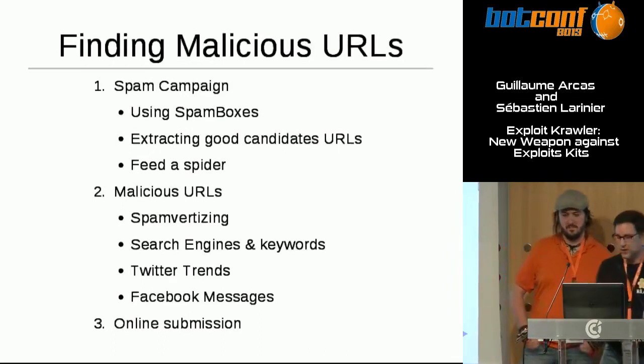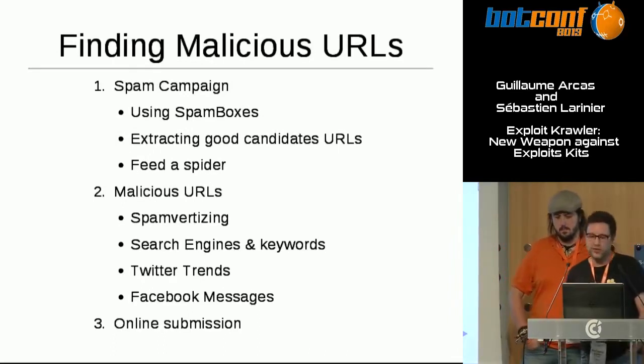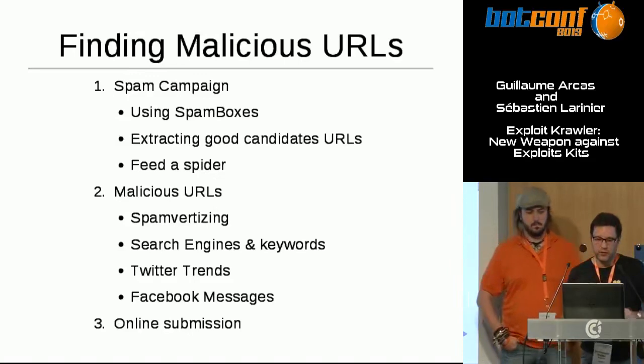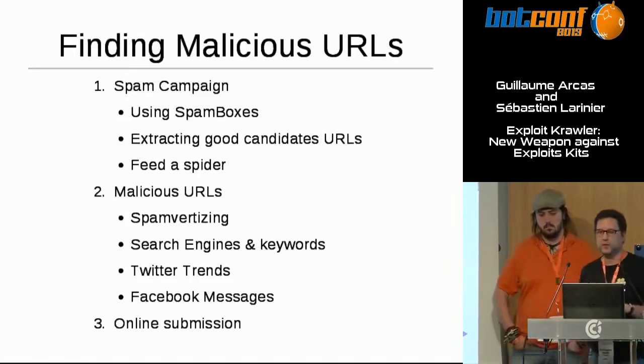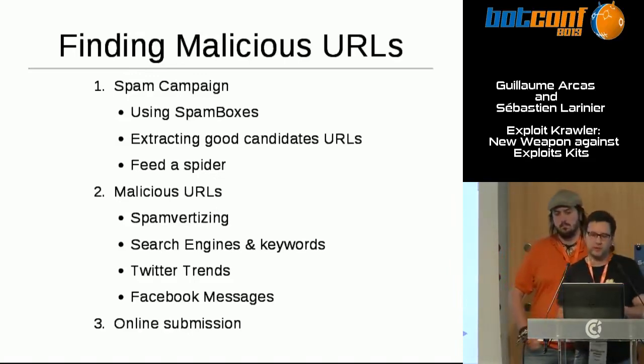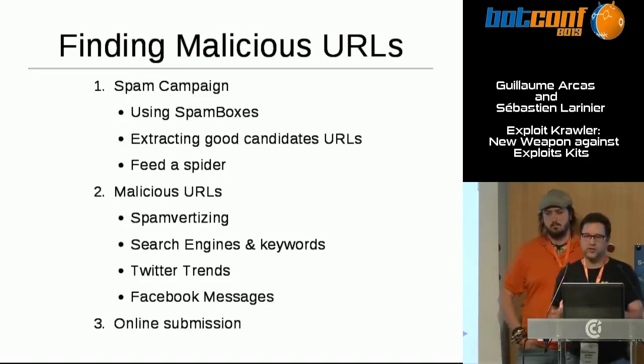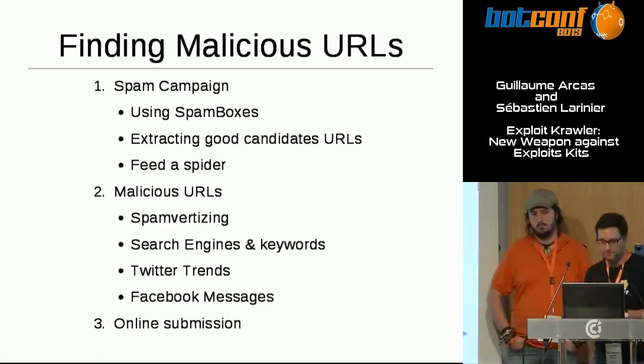So to find these malicious URLs, we can use two ways. First, we can target the URLs that spread with spam. So we can use spam boxes, extract the good candidate URLs from the mail received on the spam box, and feed a spider.